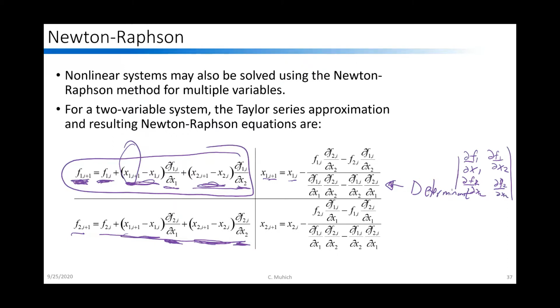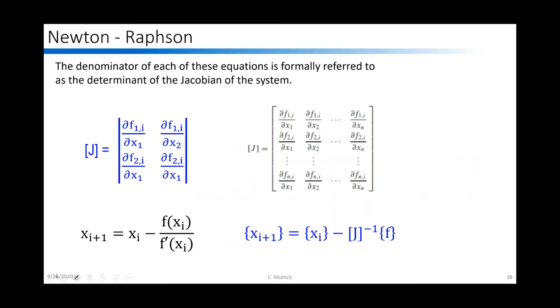This will come back in a second. We can write this in this form of this determinant and call this our Jacobian. Sorry, the determinant of the Jacobian.